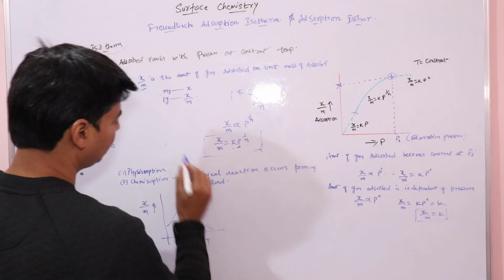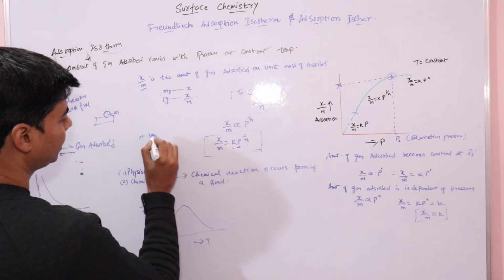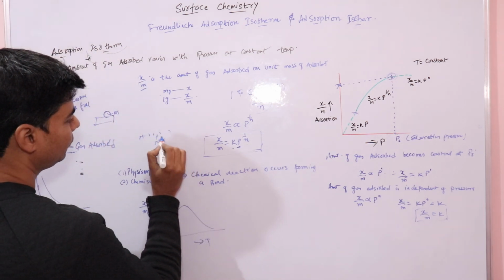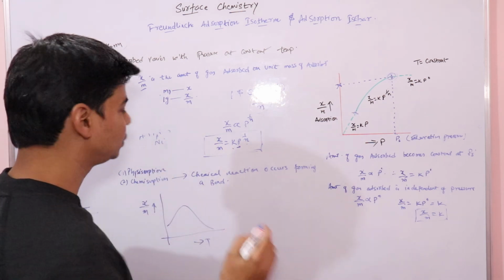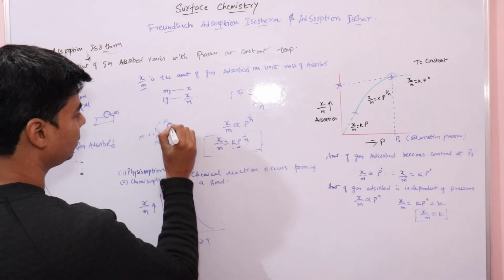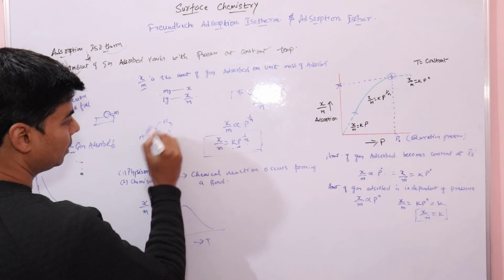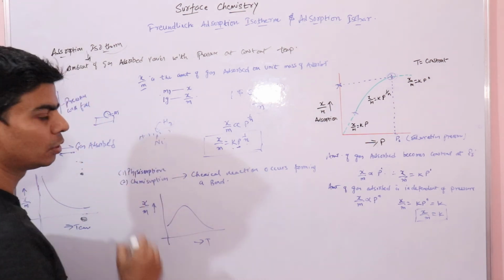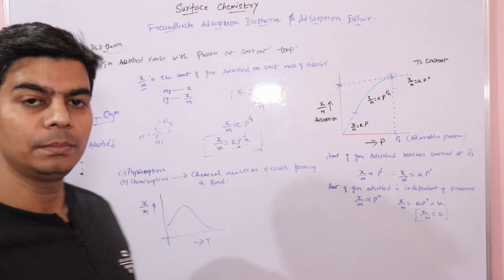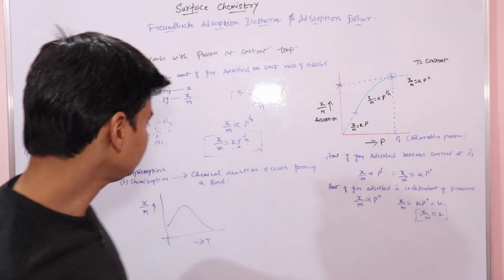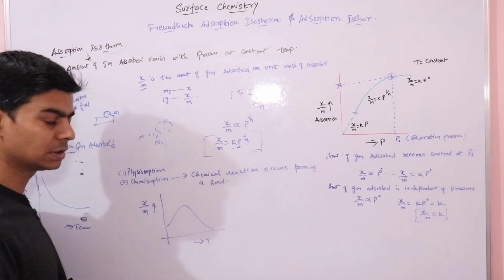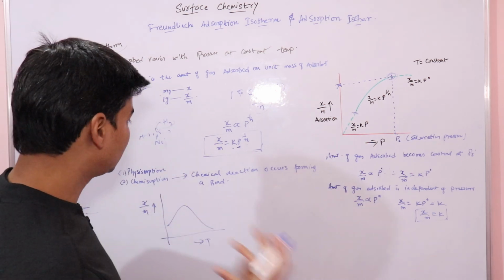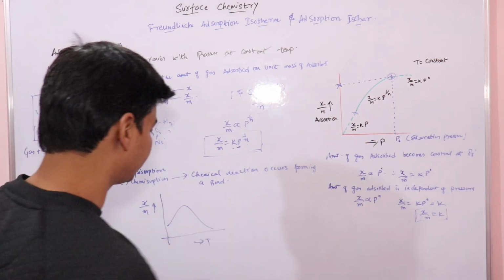For example, nickel adsorbs hydrogen gas. This adsorption takes place because nickel can form a chemical bond with hydrogen to form a hydride. So here we have a chemical reaction forming a chemical compound, nickel hydride.